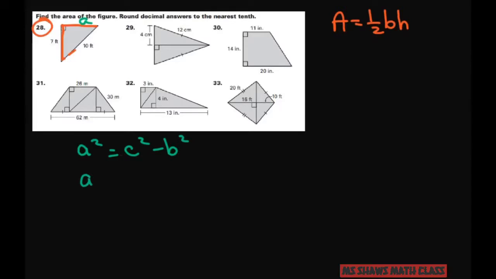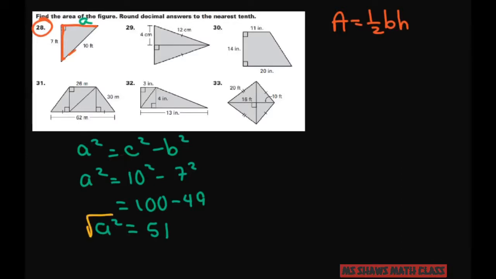So our a squared is going to be 10 squared minus 7 squared, which equals 100 minus 49, and that's going to be 51. So that's your a squared, and you take the positive square root of both sides, and for now we could just leave it as square root of 51 and use our formula.